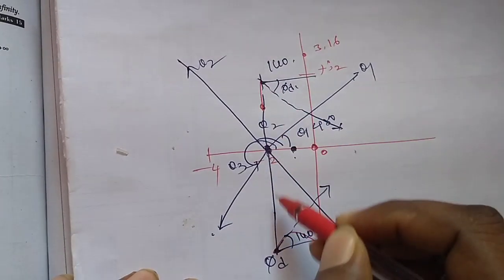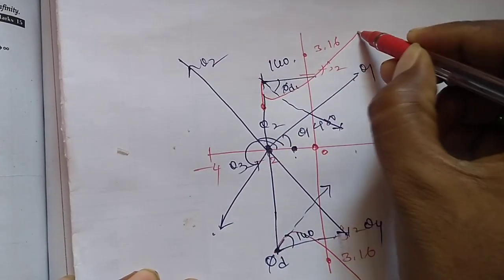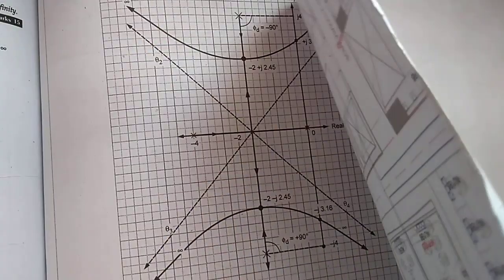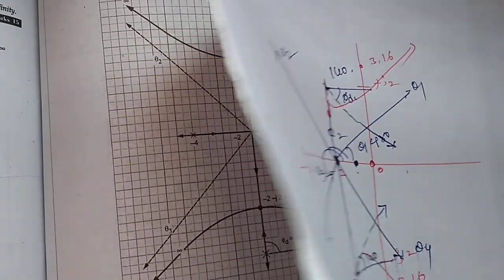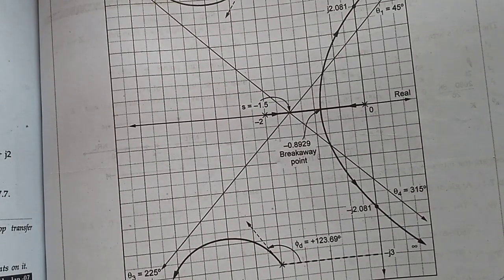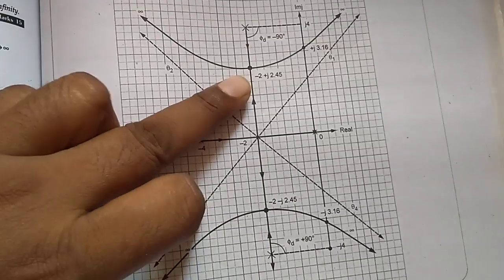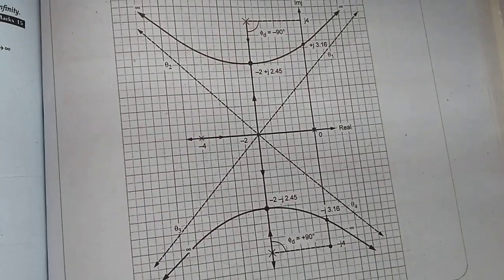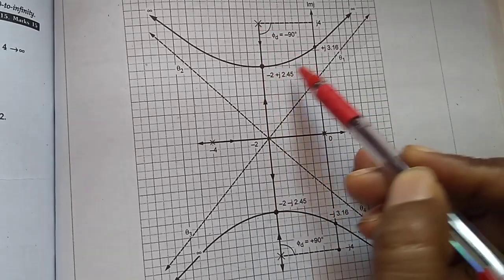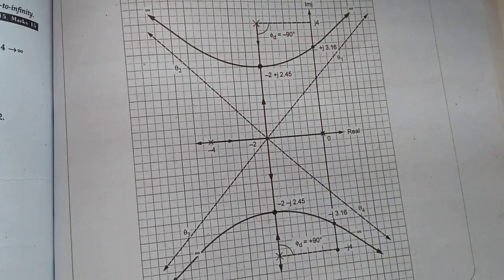So we will get the graph like this. So that is the angle of departure will be like. So this is the breakaway point, angle of departure. So we get this point. So meet at the point.